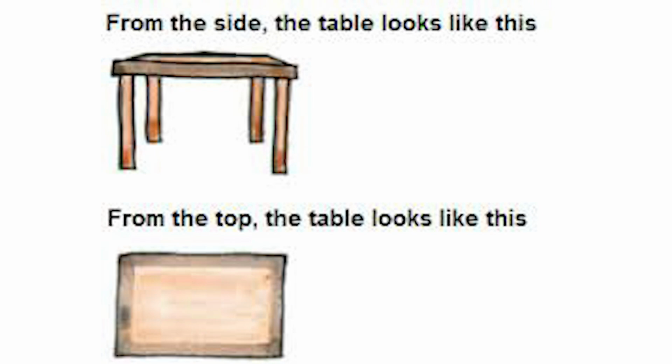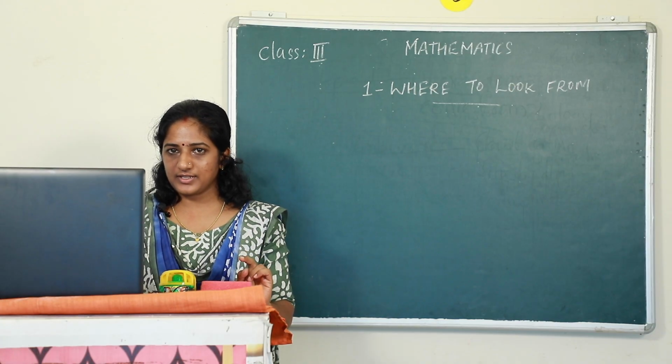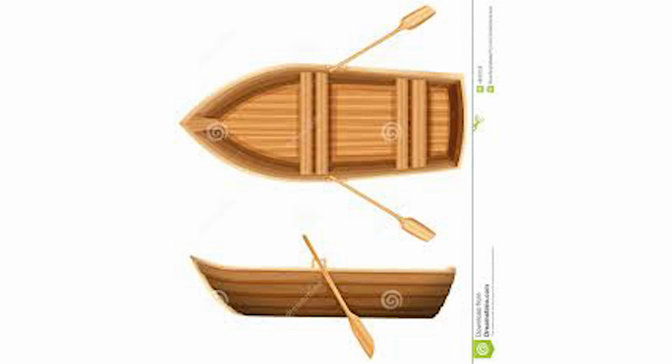Look at this table. Can you see this? From the side the table looks like this, and from the top the table looks like this. You understand? Now look at this board, children.